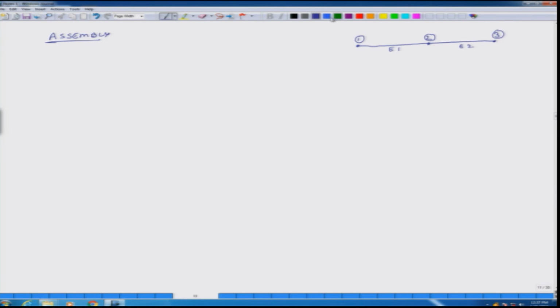The global degrees of freedom are u1 and u2, u3 and u4, u5 and u6. Locally, the local nodes are 1 and 2 for the first element and 1 and 2 for the second element. So, this is all global and this is all local.